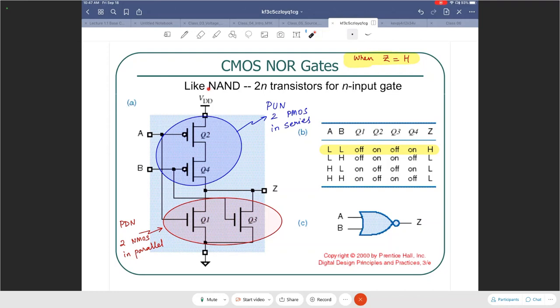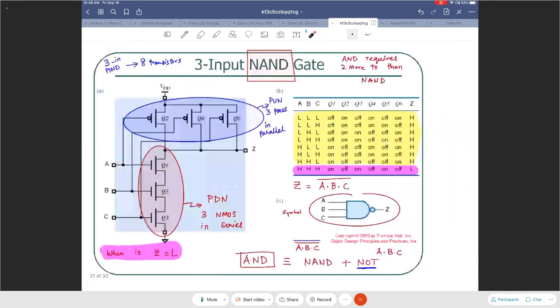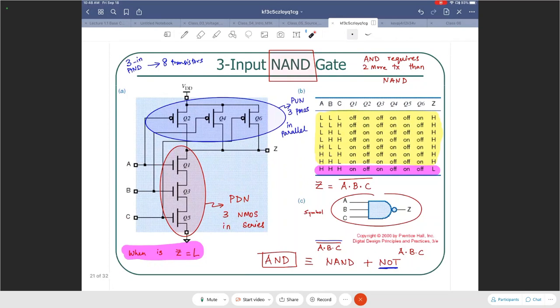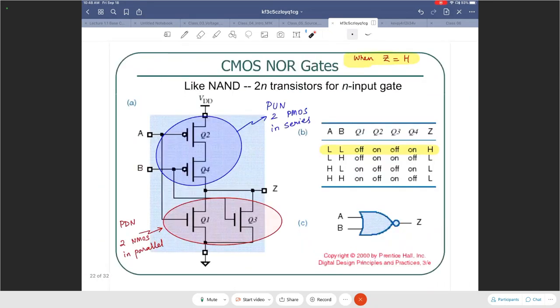And both those transistors that I just added need to be controlled by that new input, maybe C. So that would still require 6 transistors in total, just the same way as we had a 3 input NAND gate. The question online, does it matter which input is connected to which transistor? Not really, it doesn't. But if you follow a pattern, then it will be easier for you to analyze the circuit.